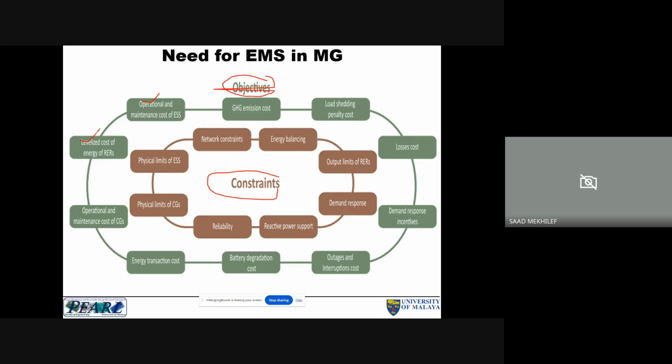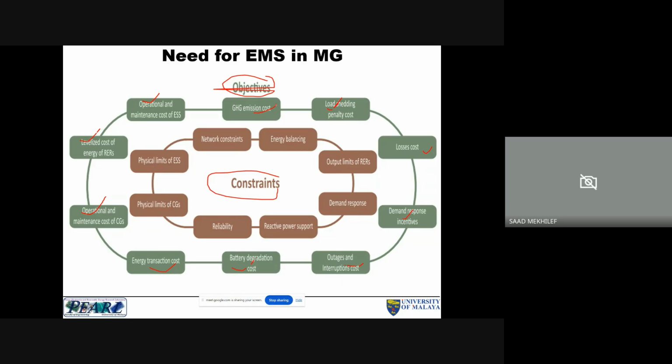Levelized cost of renewable energy resources, operational and maintenance cost of the grid, energy transition, battery degradation, outage interruption costs, demand response incentive, losses costs, load shedding, and greenhouse emissions.